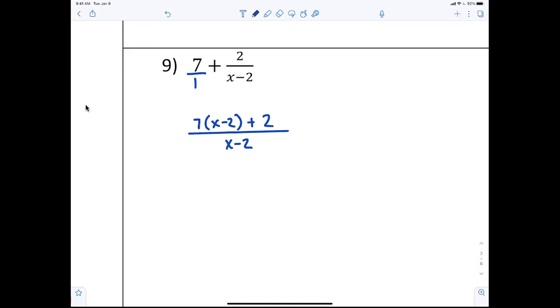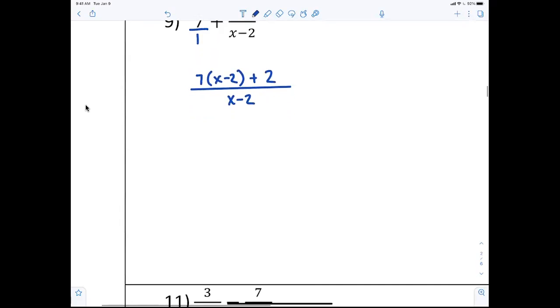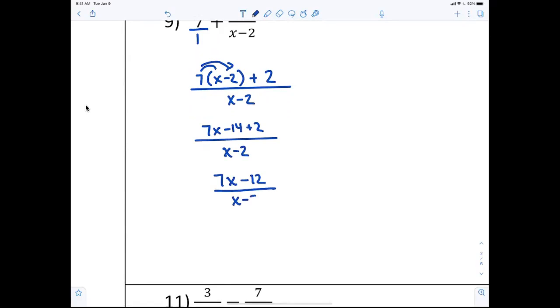All right, anybody got a problem with that? And now we distribute the x minus 2. Yes, so I end up with 7x minus 2 plus 2. Come on now, you're going too fast. 7x minus 14 plus 2, so 7x minus 12 over x minus 2.